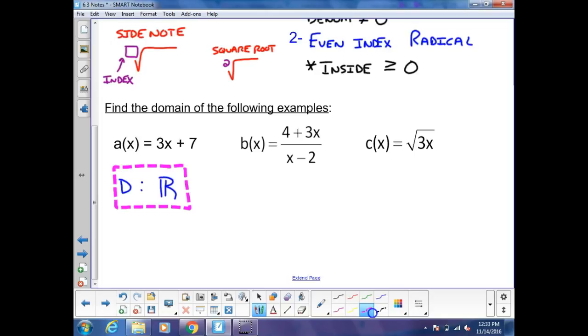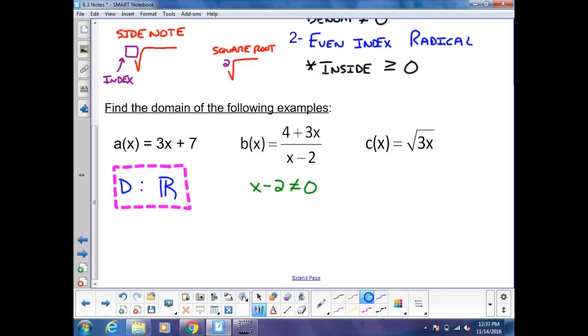Function B. Do I have a fraction with a variable in the basement? Yes. Do I have a radical? No. So because I have a fraction with a variable in the basement, I say to myself, x minus 2 cannot be 0.